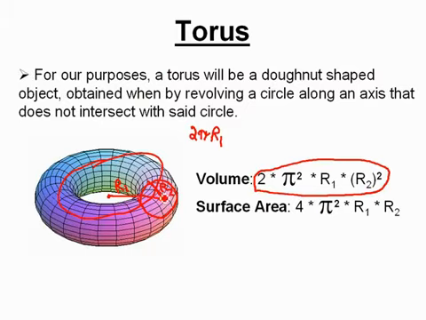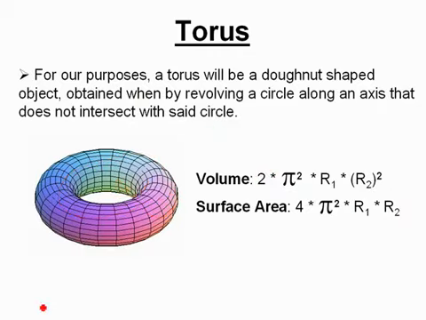I'll erase all the ink on the slide and show you again, because it's kind of really messy right now. If you went from the center of each circular cross-section and did the circumference of the torus like that, then you'd have 2 pi R1.